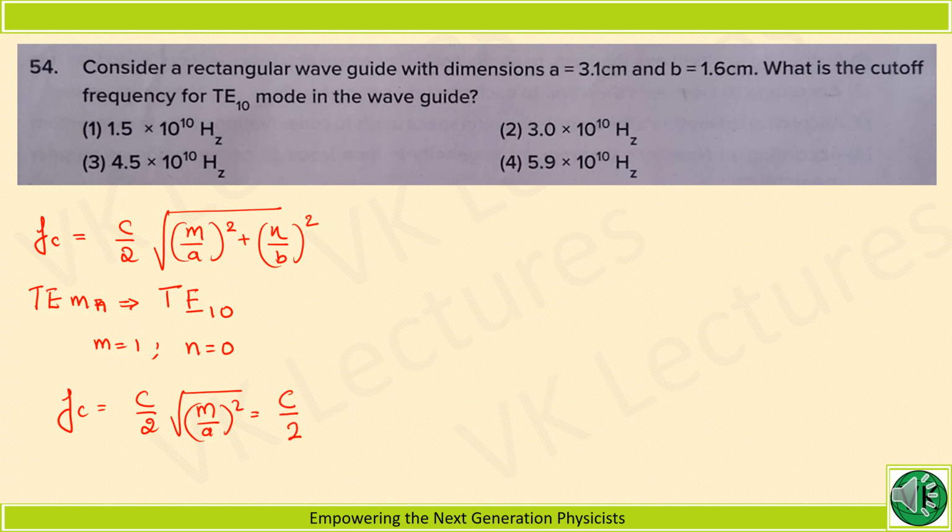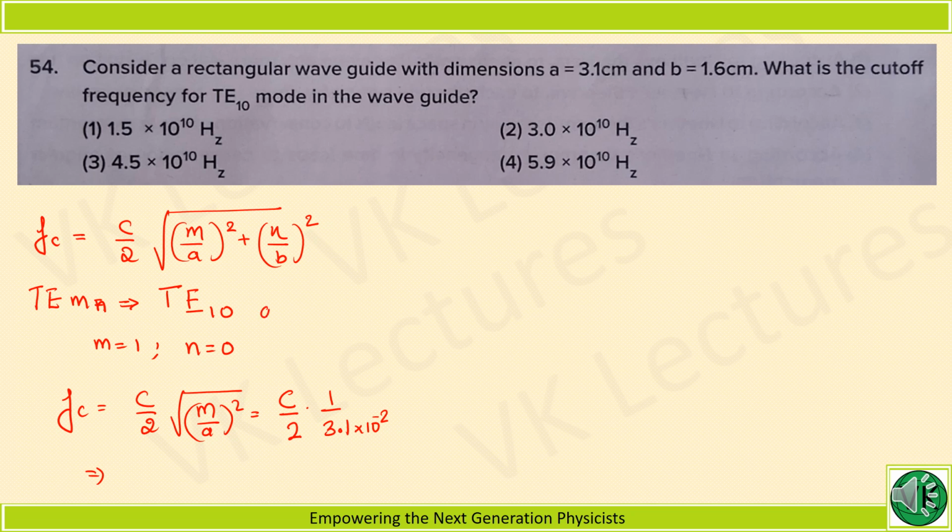c by 2, m value is 1, by a value, which is given as 3.1 into 10 to the power minus 2, since it is in centimeter.